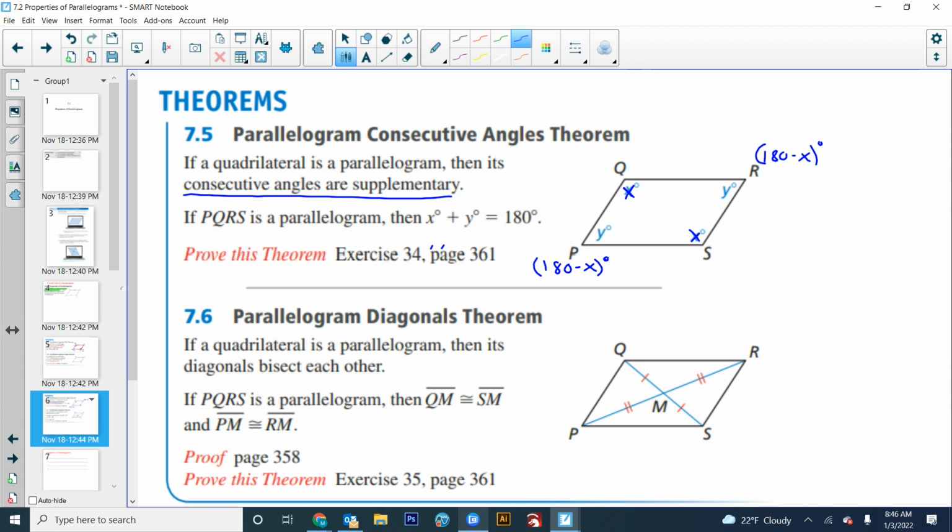Remember when we went to find a supplement of an angle, we did 180 minus the given angle. If I say 30, what's its supplement? 150, right? 180 minus 30. So this is another way to write the same thing, if you don't want to have to write out this rule down here.